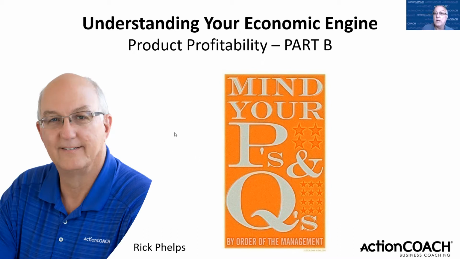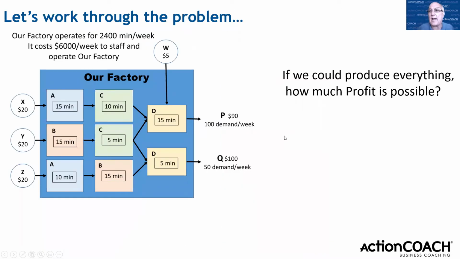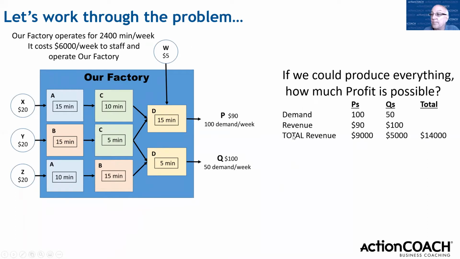All right, so we are in the midst of trying to understand how much money our factory can make. And the first question we would seek to answer is, can we produce everything that's possible? So all 100 Ps and all 50 Qs. So we have a demand for 100 Ps, 50 Qs. The revenues are $90 for Ps and $100 for Qs, giving us a total revenue of $14,000 potential.